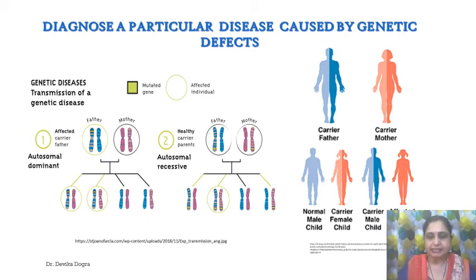And this can be easily identified by southern blotting. For example, sickle cell anemia, Huntington chorea, and Duchenne muscular dystrophy are some of the diseases which are attributable to single gene defects. In most of these, the mutation is recessive.